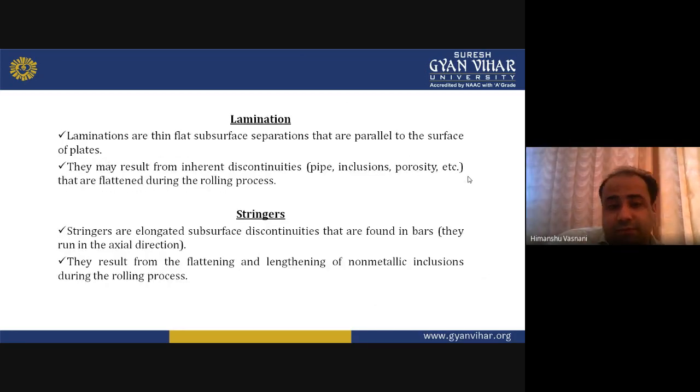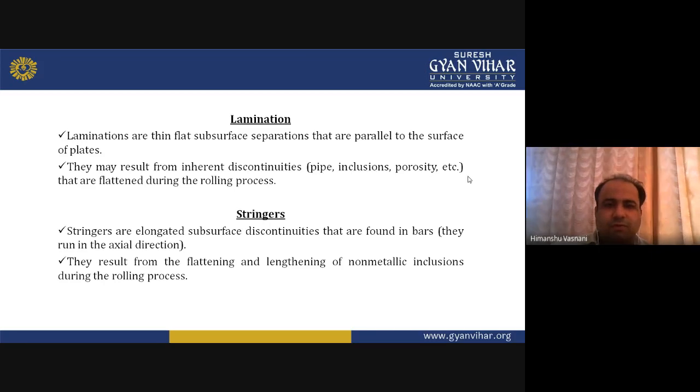Then lamination. You all understand the word lamination, a layer. So laminations are thin, flat subsurface separations that are parallel to the surface of plates. They may result from inherent discontinuities like pipe inclusions and porosity that are flattened during the rolling process.